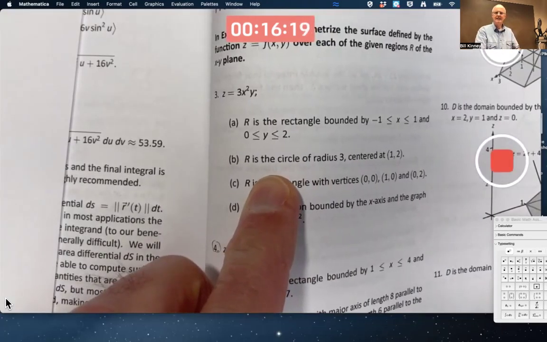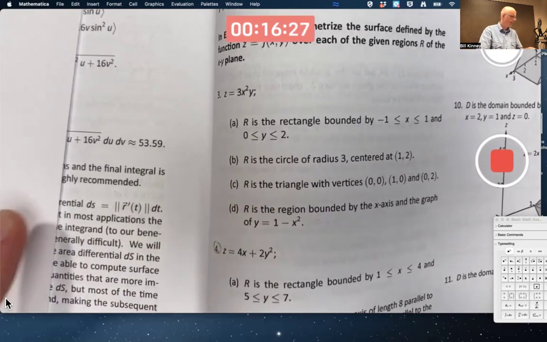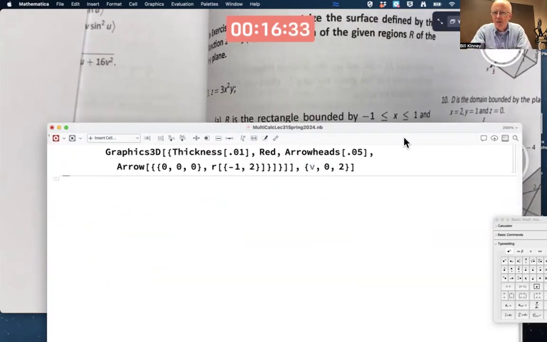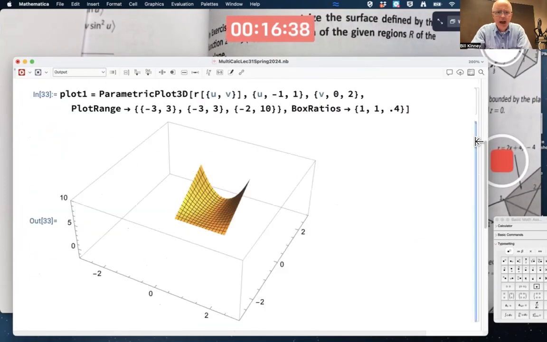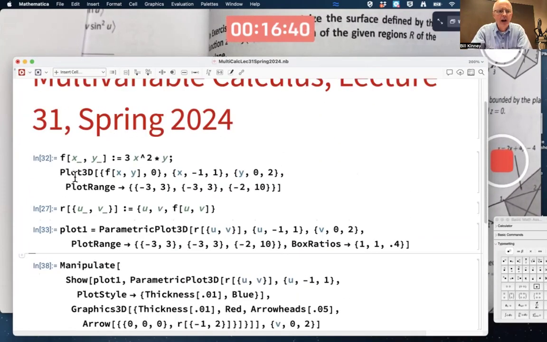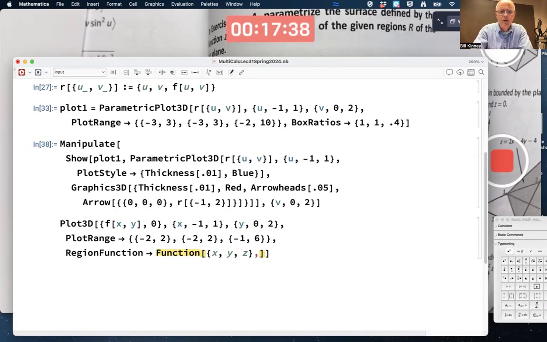Part B, parameterize it over a circle of radius 3 centered at (1, 2). Effectively, what I'm trying to parameterize with part B, I could make with my Plot3D by including the RegionFunction option. RegionFunction, x, y, z, comma, what am I trying to do here?